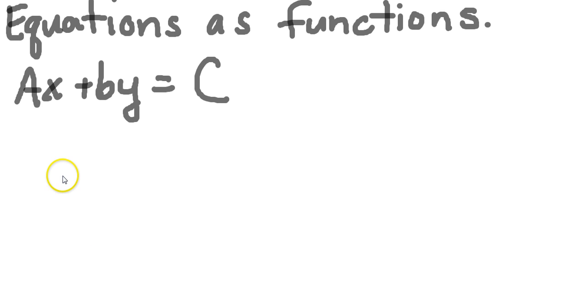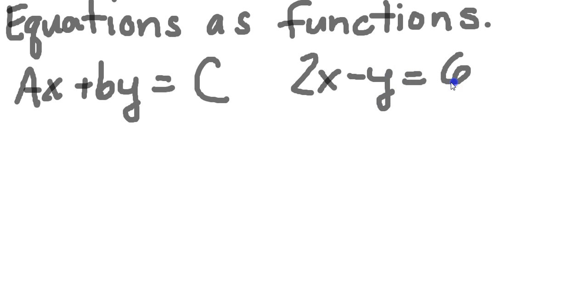So if you see an equation such as 2x minus y equals 6, how do we know if that's a function or not? Well, the first thing we look at is if it's in a specific form. If we see a form that's ax plus by equals c, we automatically know that that's a function.